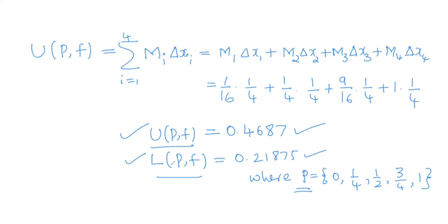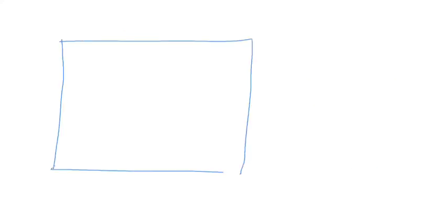But so far we have calculated these values only for a single partition. I'll give you some ready data. The partition which we considered here divides the given closed interval into 4 subintervals, right? So I'll take that as n.